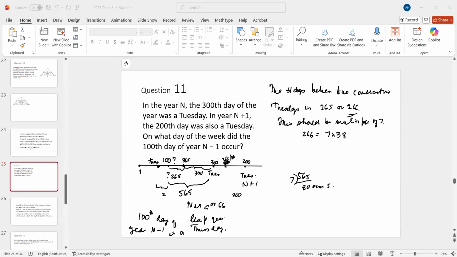So therefore, the middle year, the Nth year, is a leap year. And the other 2 years have 365 days. That is why I can say from here to the end of the year is 365, no doubt about that, and there's 265 days up to the end of that year. So I can make that calculation. Okay, so the answer is a Thursday.